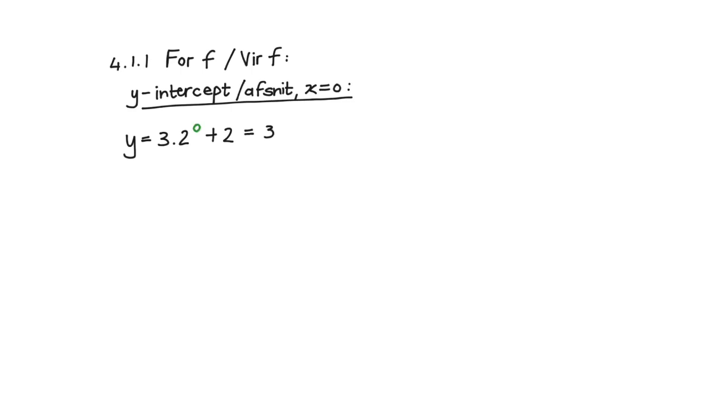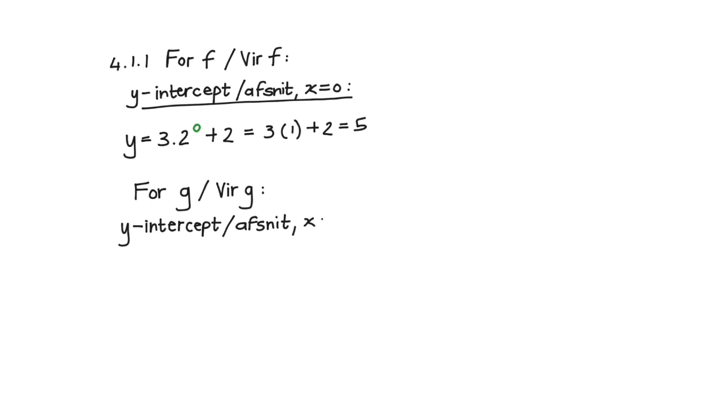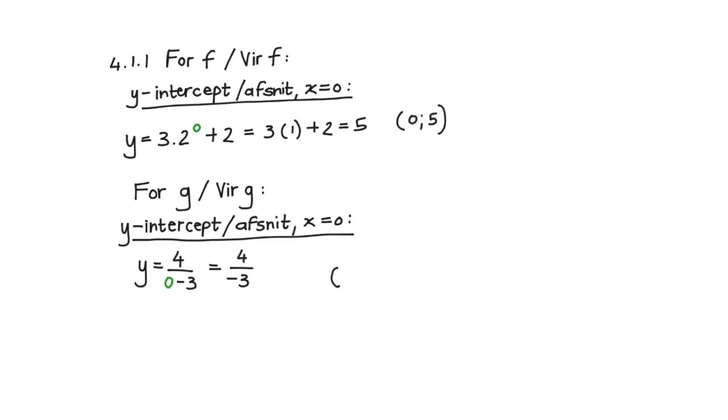So the y-intercept of f is y equals 5. Then for the function g, if we make x 0, we get y equals to 4 over 0 minus 3. And that gives us 4 over negative 3. So the y-intercept of g is 4 over negative 3.